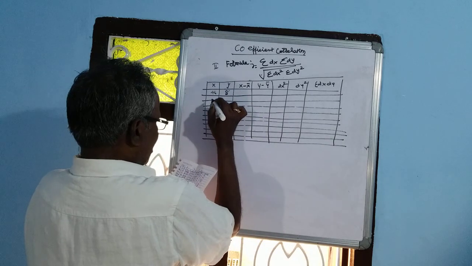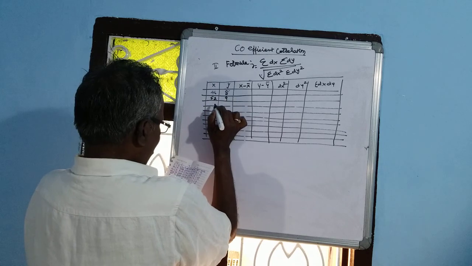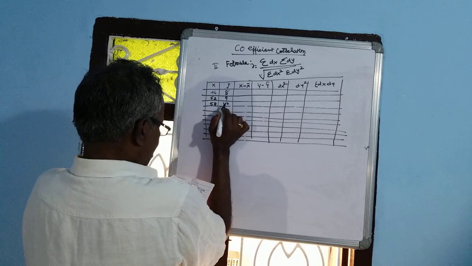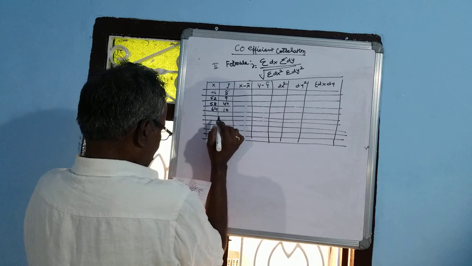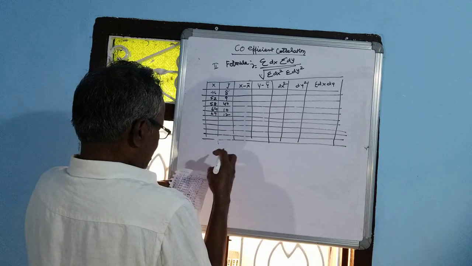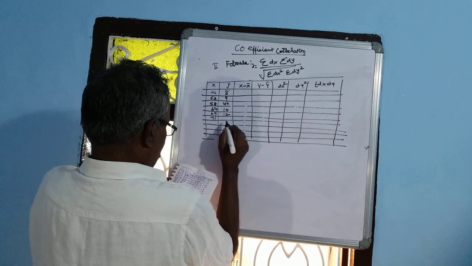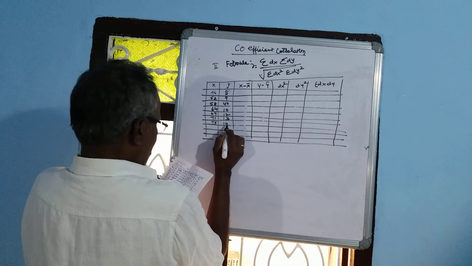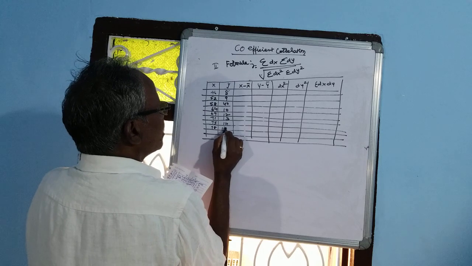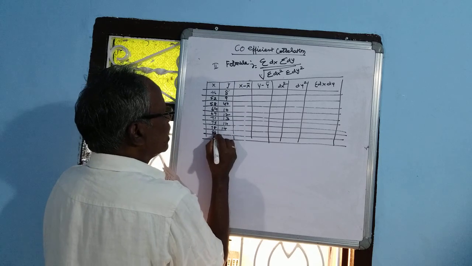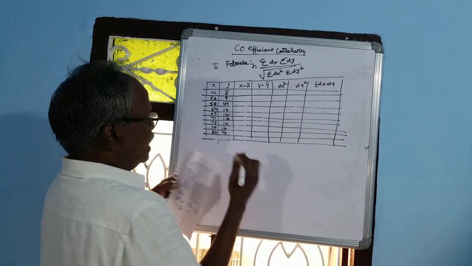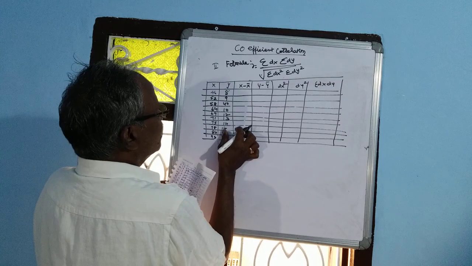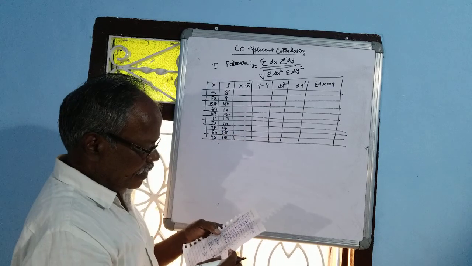Then second fish 52, 9, third fish 58, then 64, 69, 12, then 71, 12, 71, 13 and 75, 14, 78, 14, then 84, 14 and then 93, 14, 93, 15, 84, 15, 93, 15.